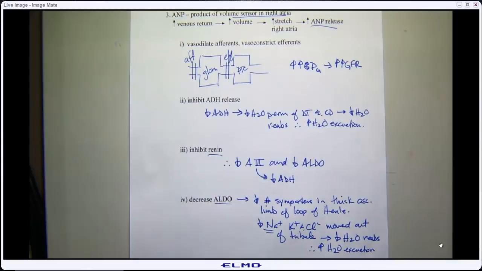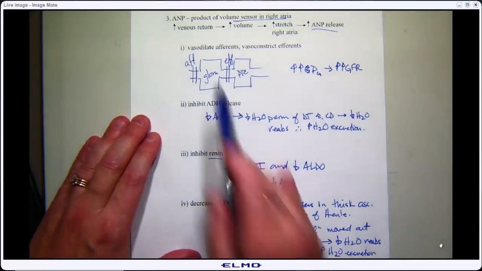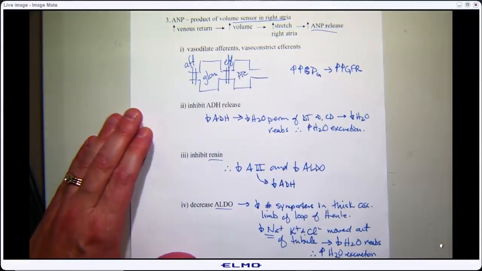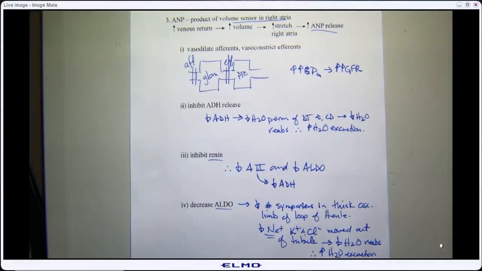So obviously, everything that atrial natriuretic peptide is doing is working to increase water excretion, right? That makes sense because its stimulus was a potential volume problem. An increase in venous return might mean that we have an increase in volume on board, so we then need to work to decrease our volume.